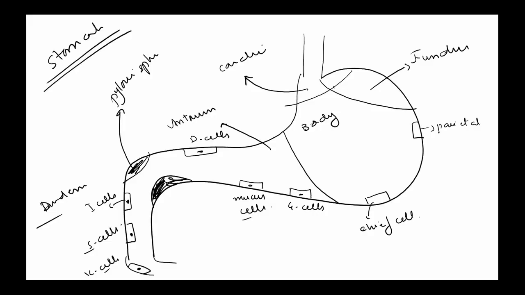So parietal cells, they are responsible for the formation of HCl. Chief cells, they are responsible for the production of pepsinogen. G cells, they are responsible for the production of gastrin.